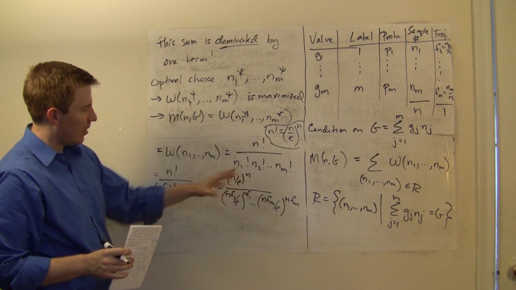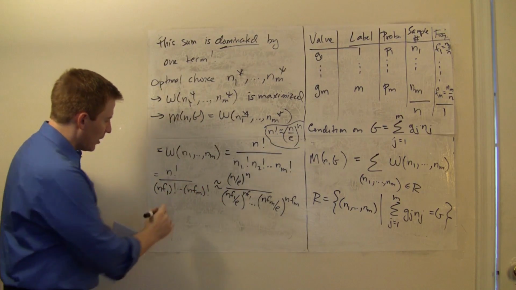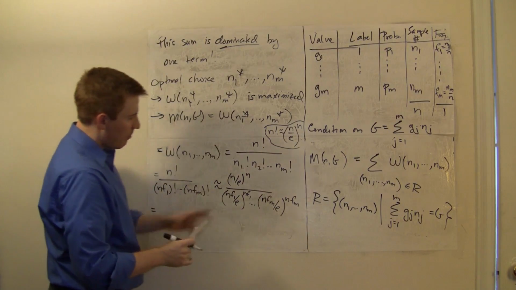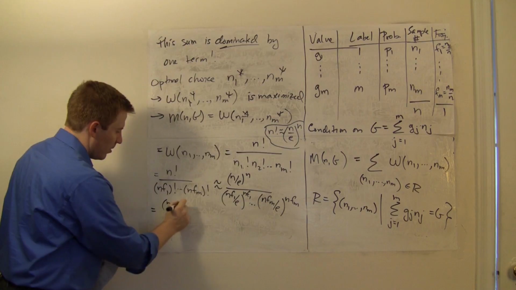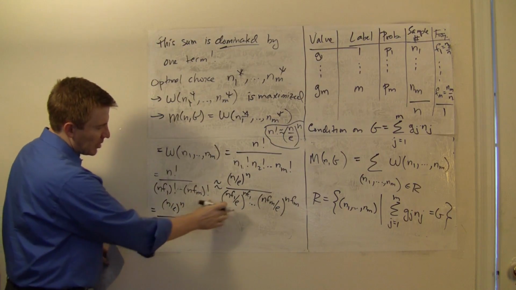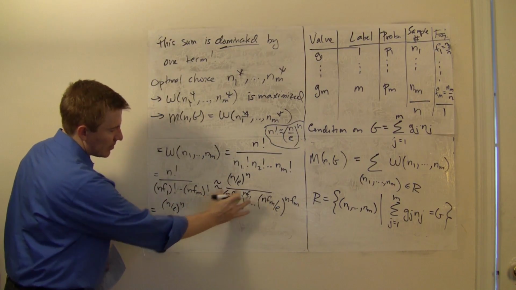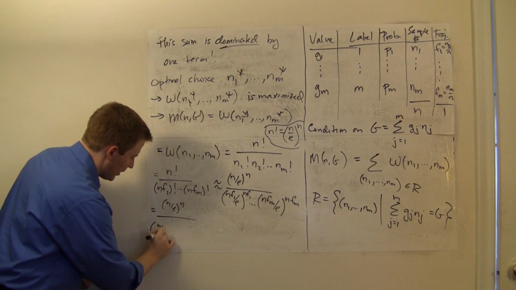Roughly speaking, that's how it scales. We can pull out a bunch of terms. On top we have n over e to the nth power. In the denominator, in each one of these terms, we have an n over e to some power. So we can write that as n over e.